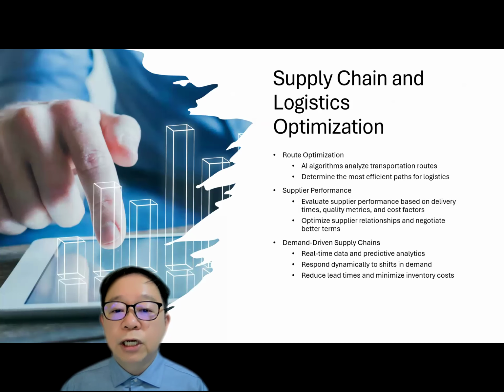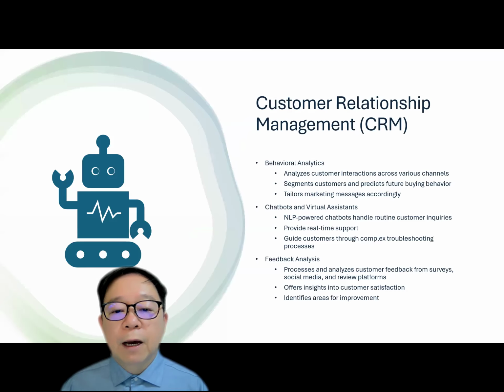How about supply chain management? You want to use AI to find the best path or route and determine the most efficient path for logistics, keep only the best suppliers, and also make sure you are able to meet customer demand.